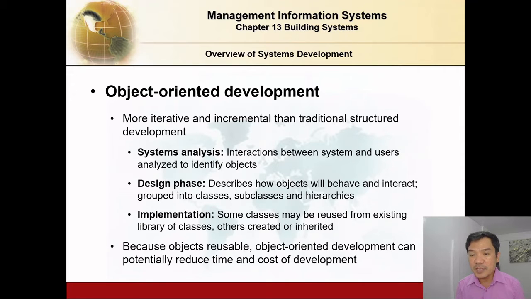And because of reusability, object-oriented development can potentially reduce the time and cost of development, because a human resource or a person can have different characteristics, and you can only add functions rather than following the entire process.